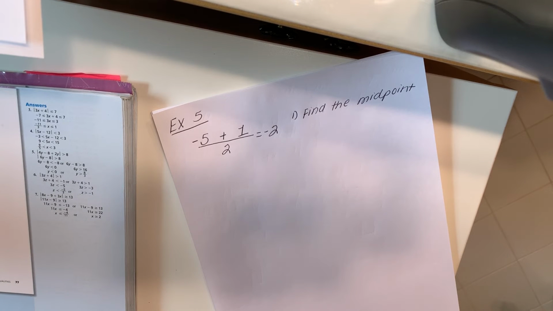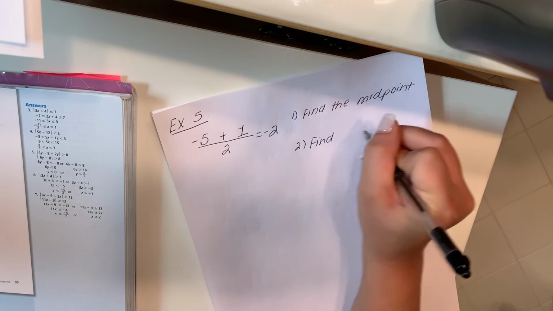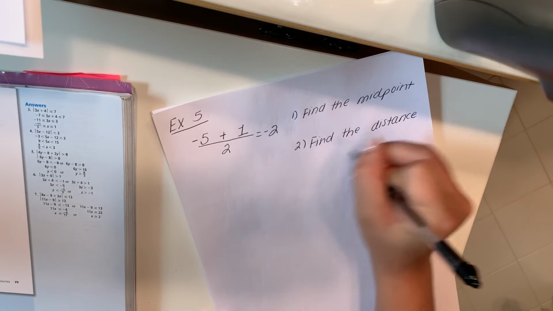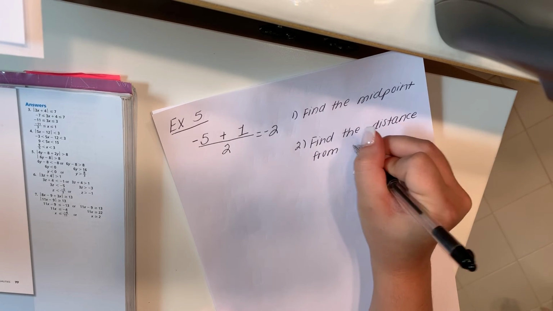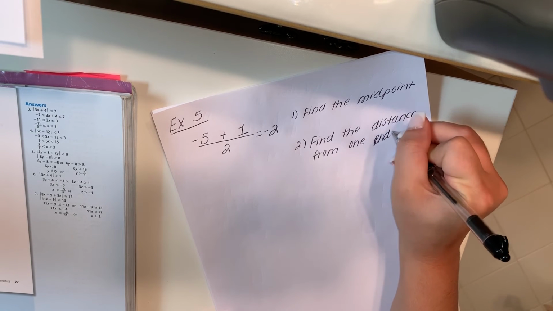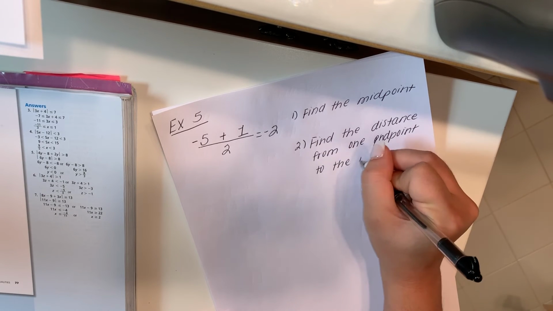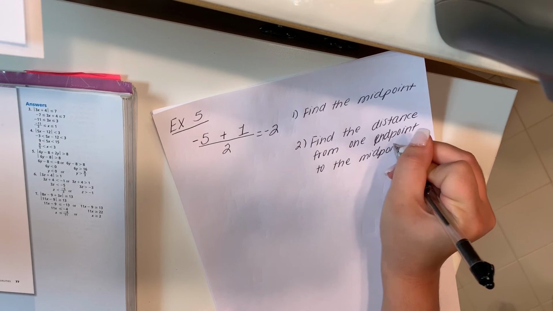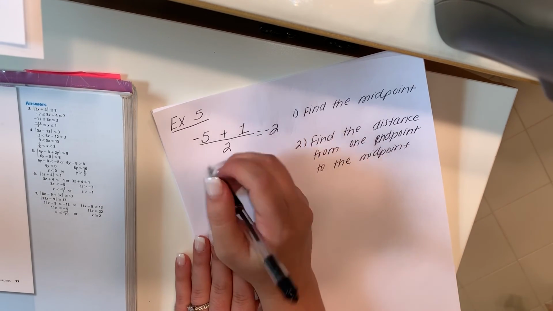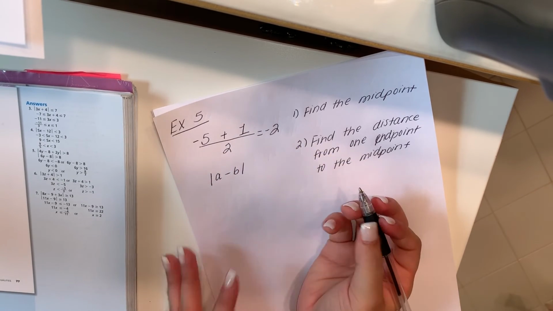Perfect. All right. So now the next step is to find the distance from the end point, or from one end point. So one end point, I almost spelled that wrong, from one end point to the midpoint. So I can choose any one of these values. And remember, to find the distance, you get the absolute value of a minus b or b minus a, it doesn't matter.